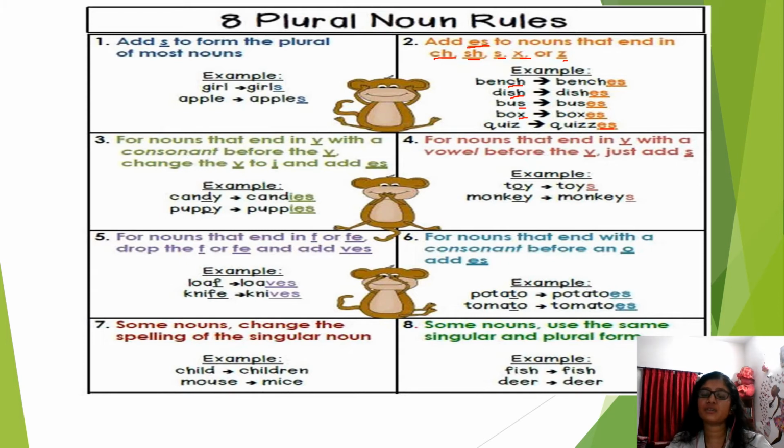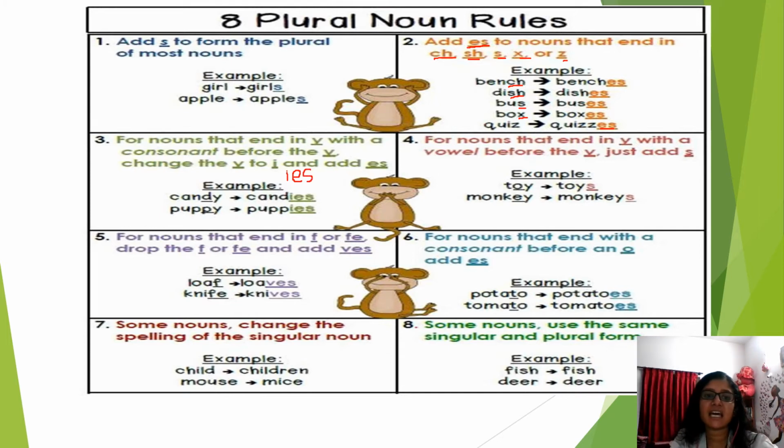You can refer to that YouTube video where I have told you in detail about vowels and consonants. So if that letter is a consonant, you have to replace that y with ies. So ies is added to the end of a word that ends in y but has a consonant before it.